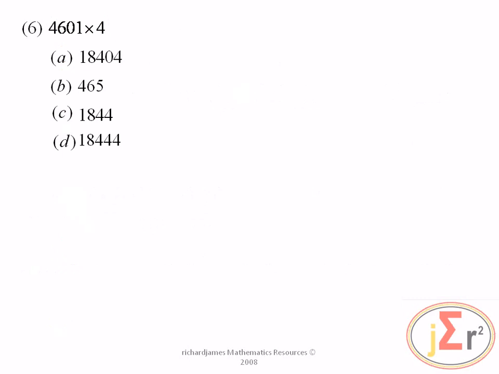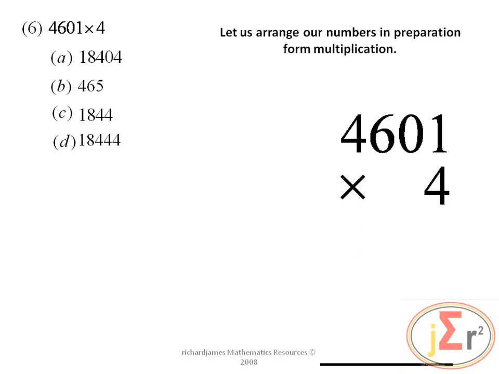In this one, we are required to multiply 4,601 by 4. Let us arrange our numbers in preparation for multiplication. Okay, Jerry.